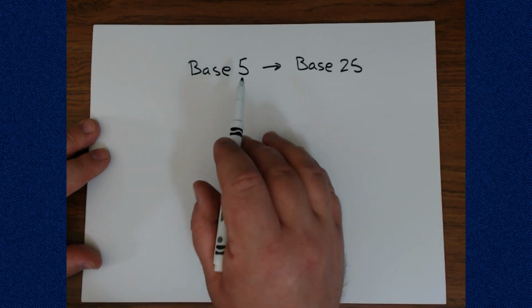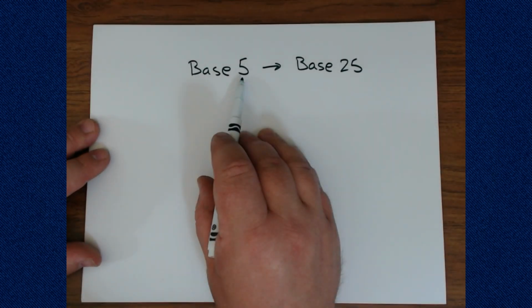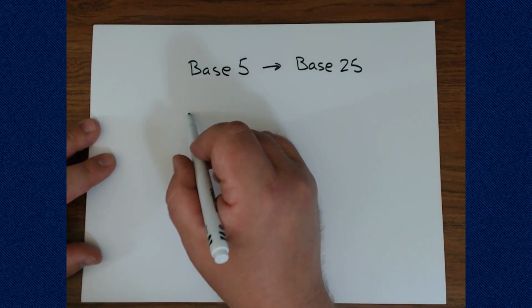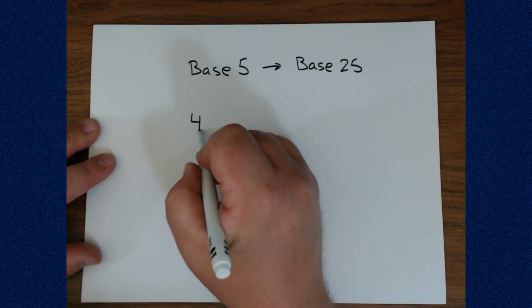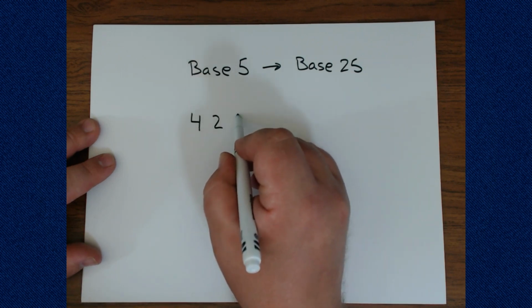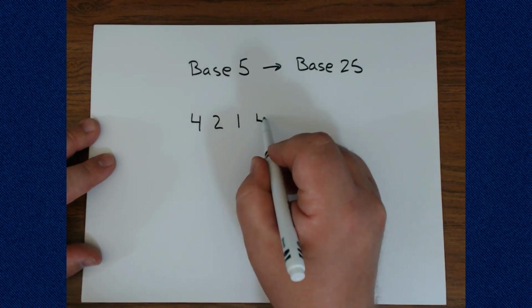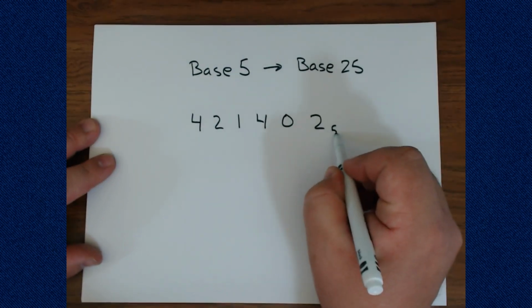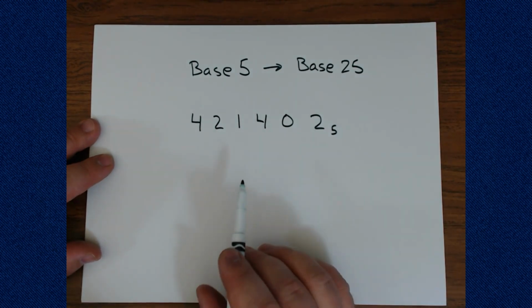Recall that because the base is 5, the coefficients will go from 0 to 4. That's 5 different coefficients. So let's do 4, 2, 1, 4, 0, 2. At the very least, we can say this is a base 5 number.